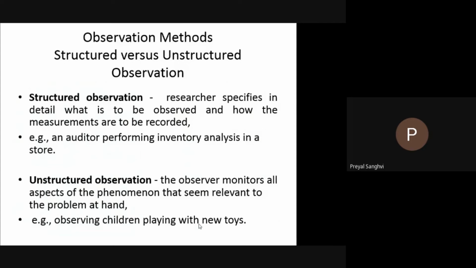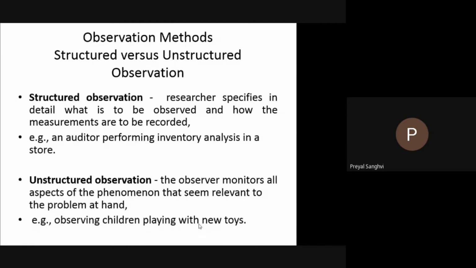Let's say, for example, if I want to understand child behavior, bird behavior, or animal behavior, for that we can use observation as a method. If we talk about the observation method, there are two types of observation. One is structured observation, and the second is unstructured observation.